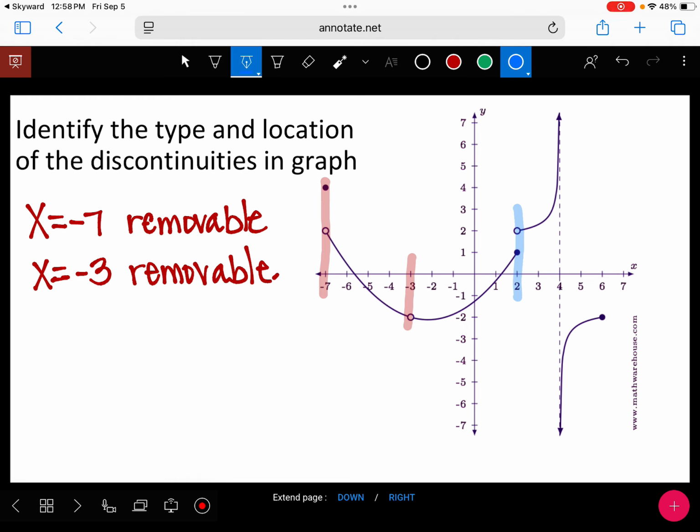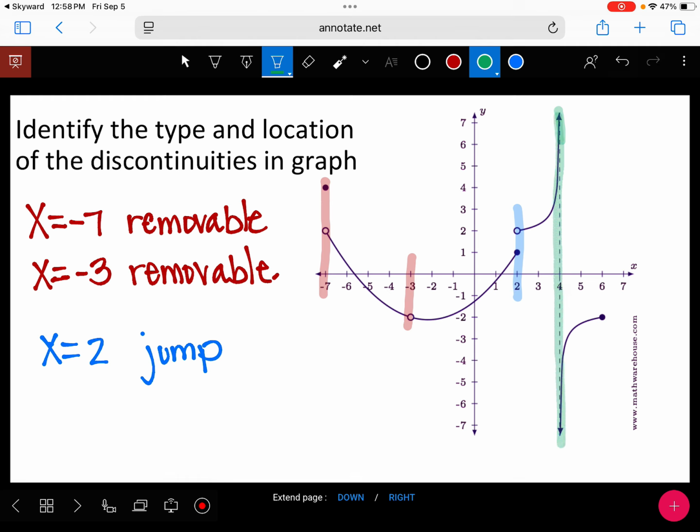What are we going to call that discontinuity? It's not connected, so it's a jump. Good job. And then here at x equals 4, notice how the graph is approaching positive and negative infinity. So at x equals 4, that would be an infinite.